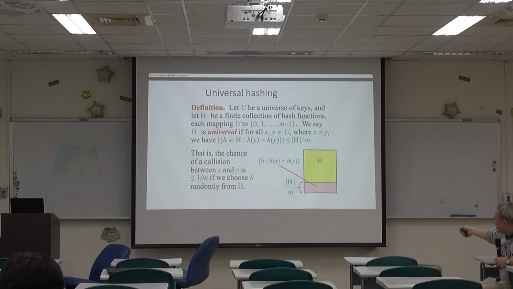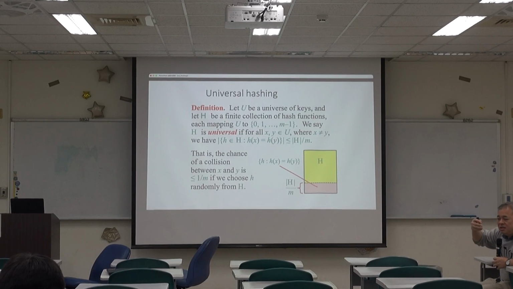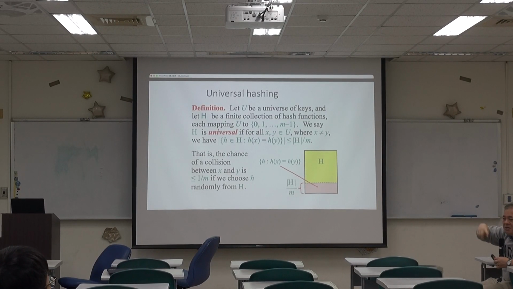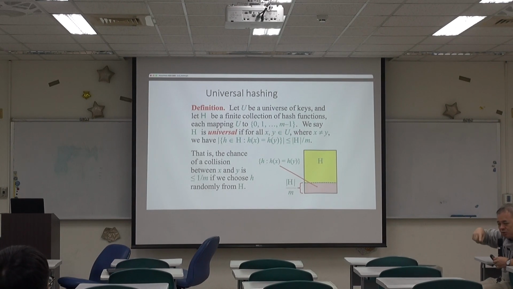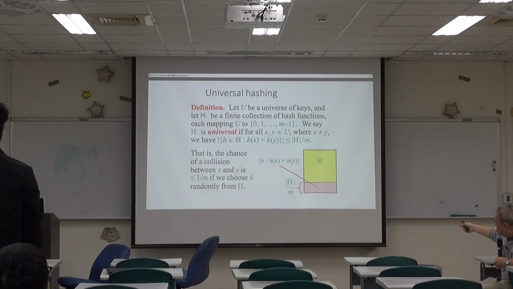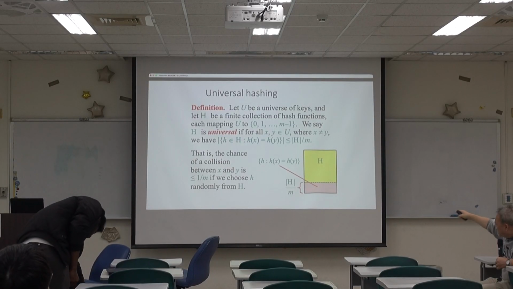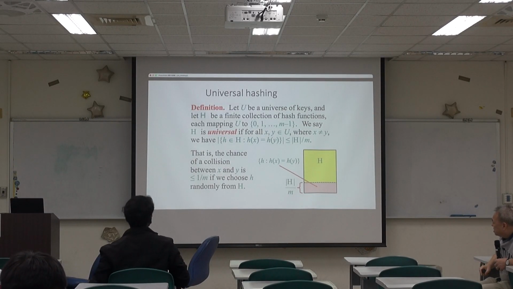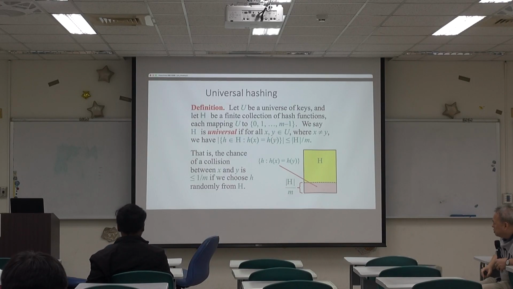The number of such hash functions is bounded by the size of H divided by n, and because we choose the hash function randomly, the probability of each choice is 1 over the size of H. So 1 over |H| times |H| over n means the probability of collision is smaller than or equal to 1 over n. We choose h randomly from H.